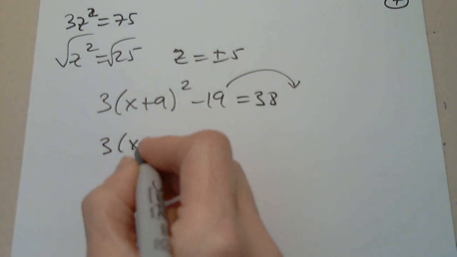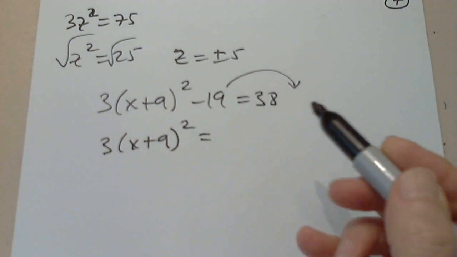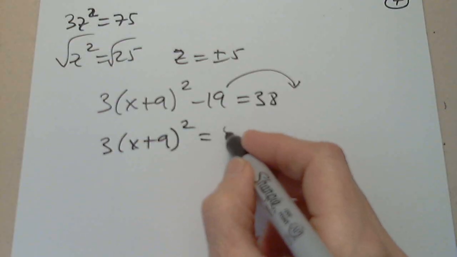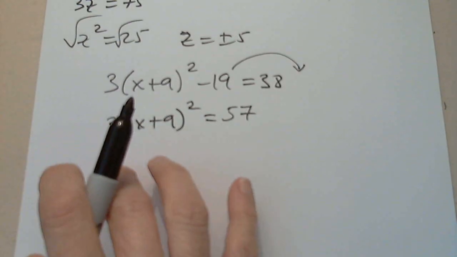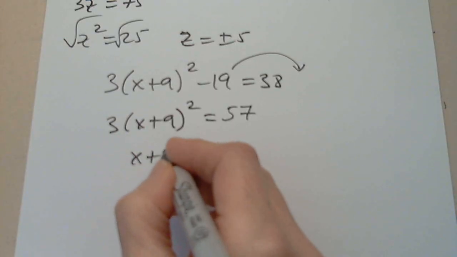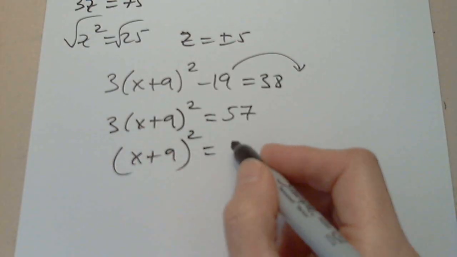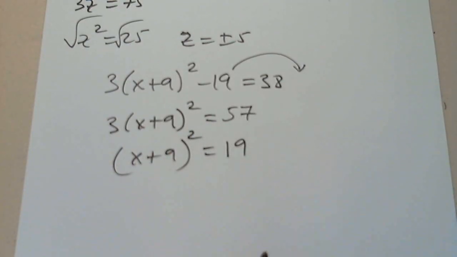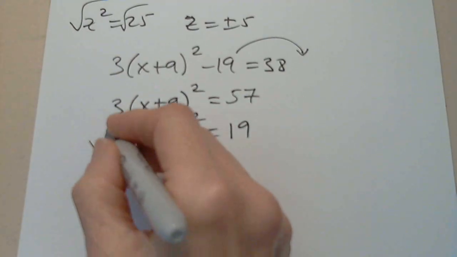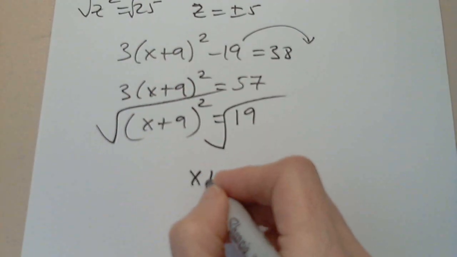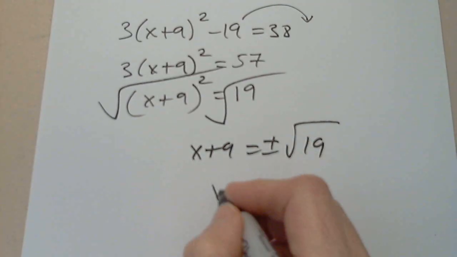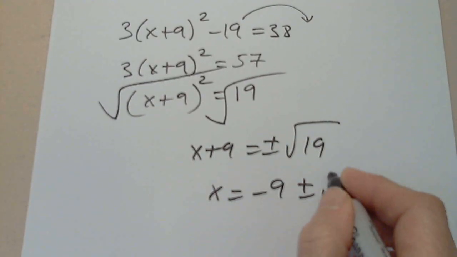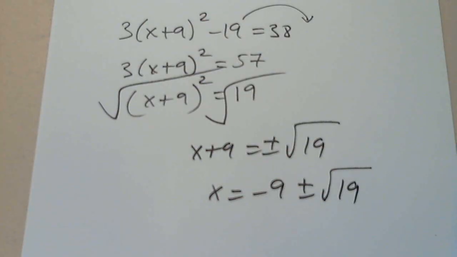So first of all, this. So that's, what is it, 57? Now I have to divide by 3. And I get, what do I get, 19? And now x plus 9 equals plus or minus the square root of 19. And then x equals negative 9 plus or minus the square root of 19.